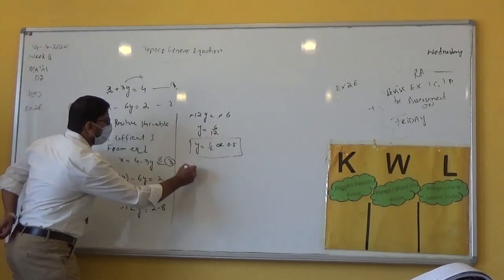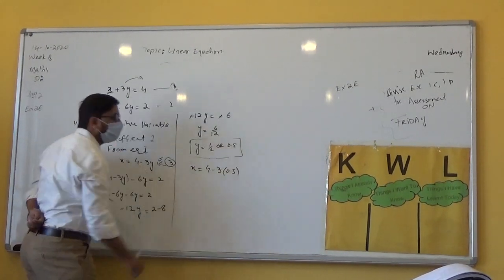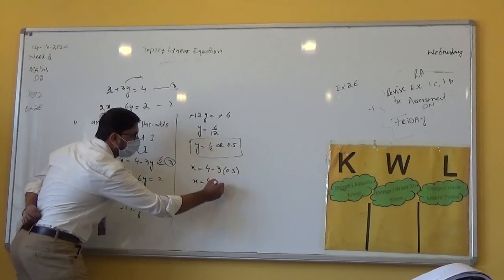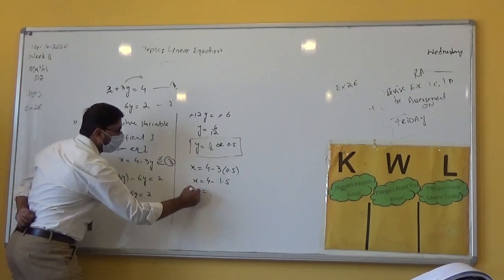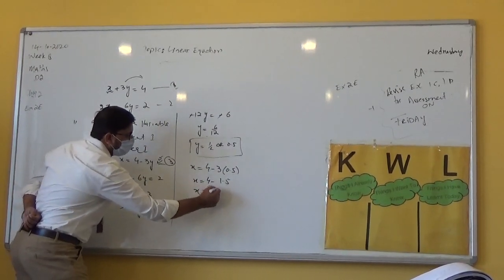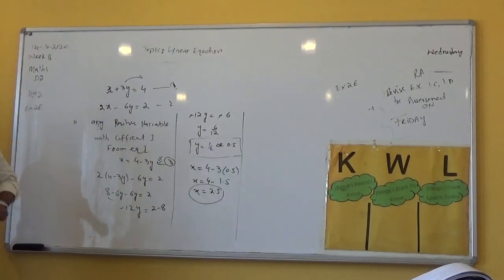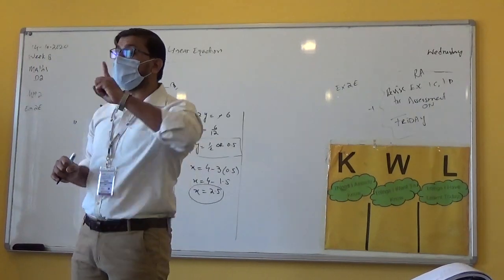Okay, in the third equation, x is equal to 4 minus 3 into 0.5. So x is 4 minus 1.5. So what is the value for x then? 2.5.